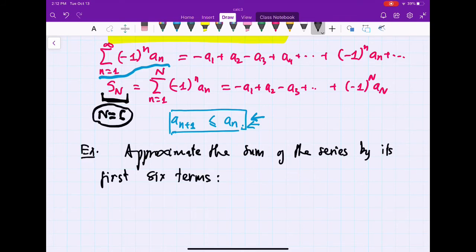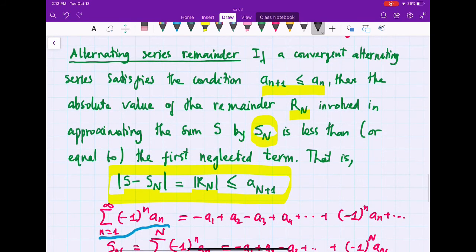Does that make sense? But of course, the most important thing is that you have to find the error of your approximation. That means the remainder.